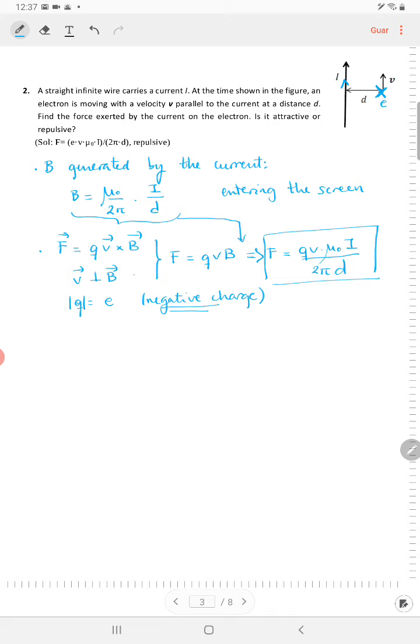However, as the charge is negative, this means that the force has to have the opposite direction. So the force, using the right hand rule, is repulsive.